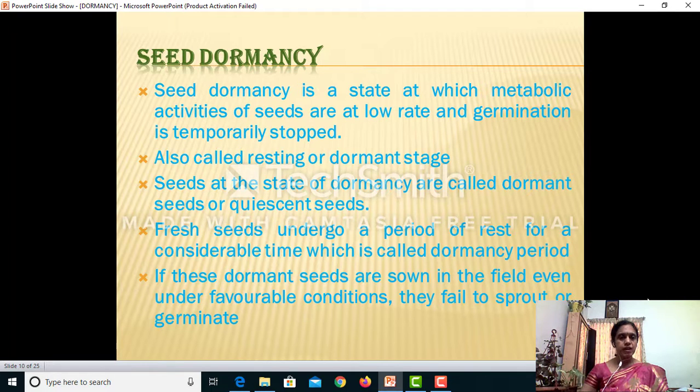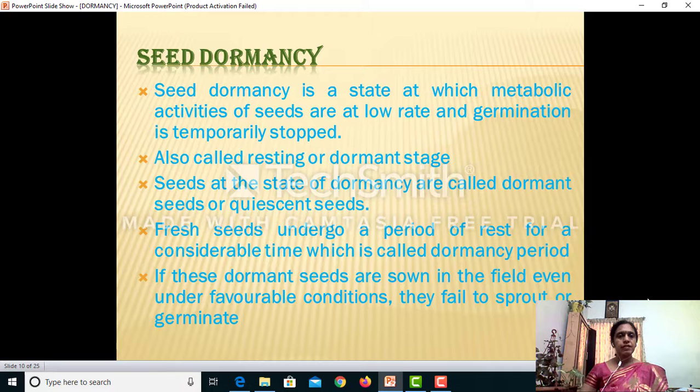Now, let us start with seed dormancy. Seeds are very important from the point of view of our livelihood, agriculture, economy, everything. Seed dormancy is a state in which metabolic activities of seeds are at a low rate and germination is temporarily stopped. It is also called the dormant stage or resting stage of a seed.